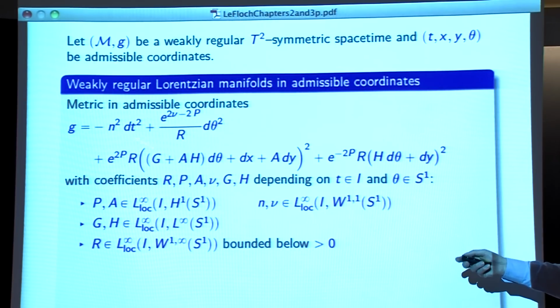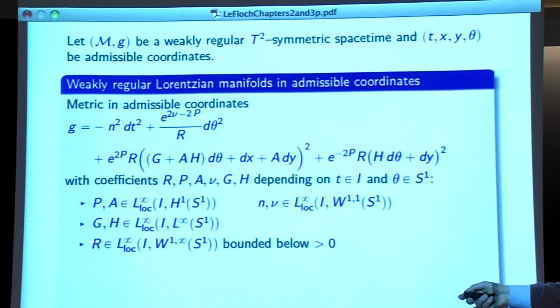And nu, so the lapse function and the function nu that we already had before, they now are quantities depending on time. They belong to W^{1,1}. G and H belong to L infinity, and R belongs to W^{1,infinity} in space, and it is bounded or locally bounded in time.